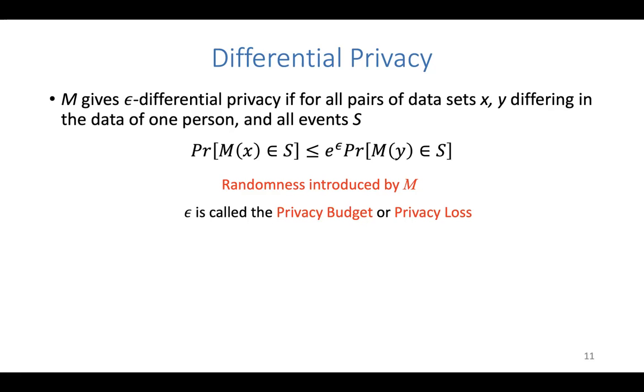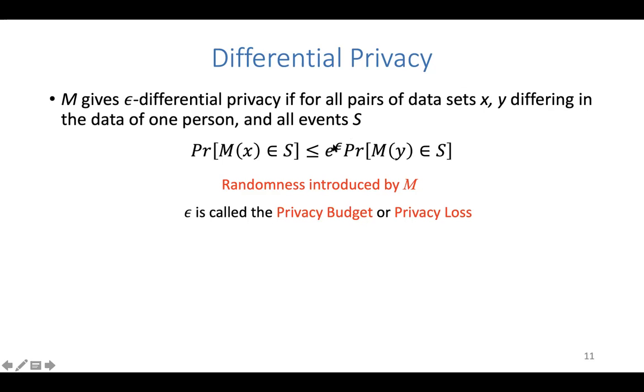If the output of M working on X and Y is exactly the same, what is the point of doing an analysis on the data set? We'll gain nothing useful. But the privacy, at least, is perfectly protected. So that's what epsilon means.